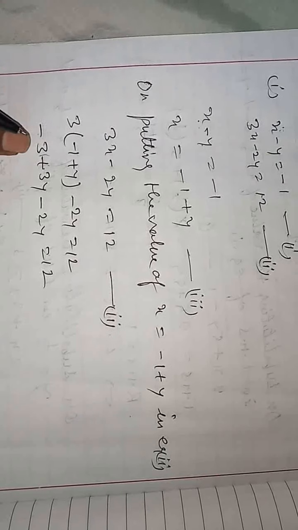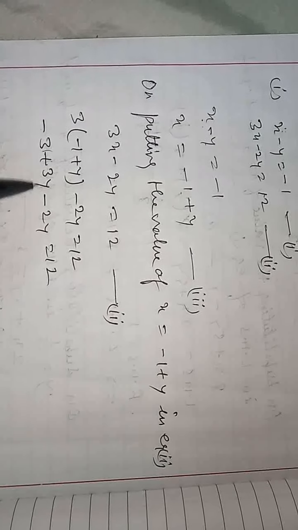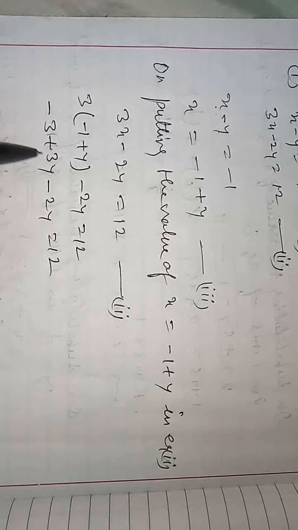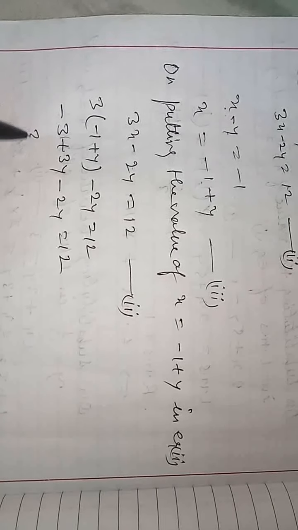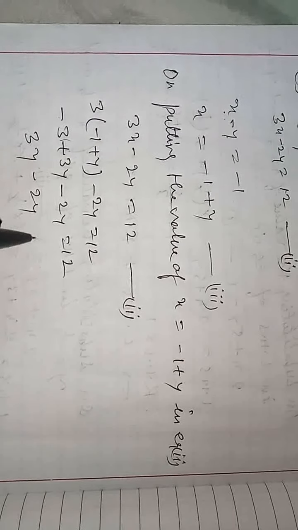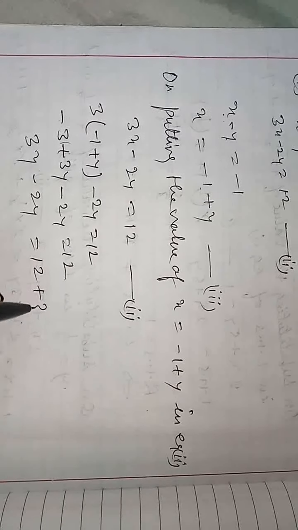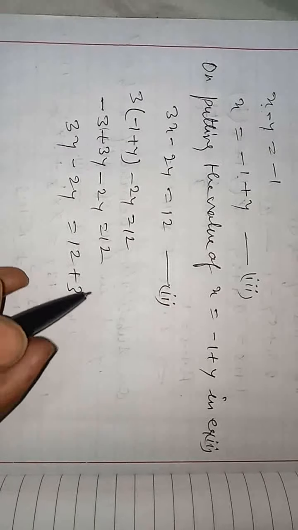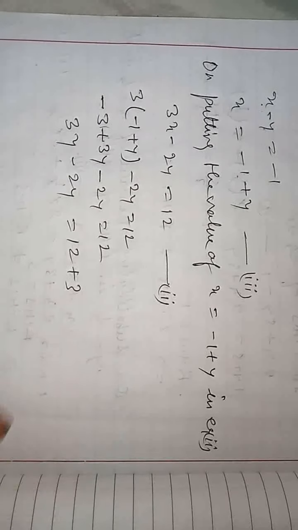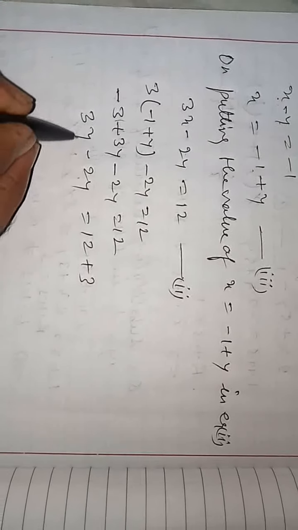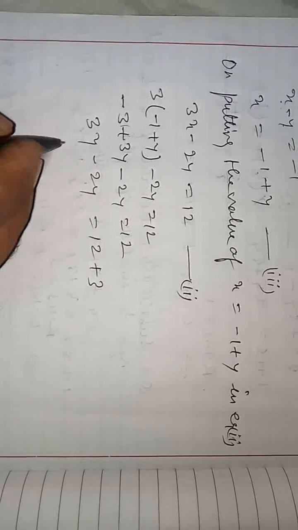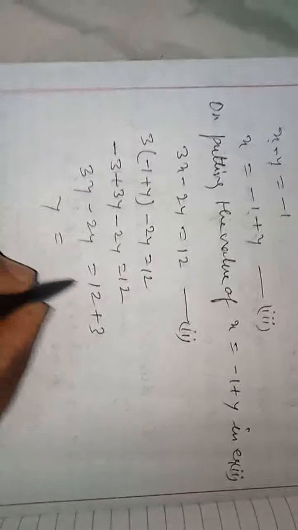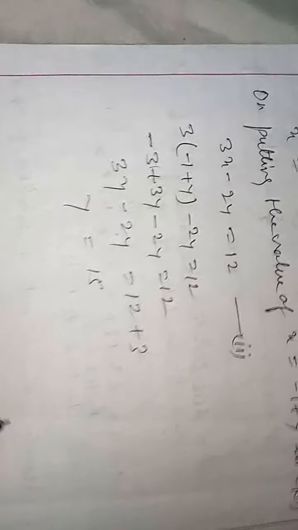Transposing minus 3 to RHS and subtracting 2y from 3y, we get 3y minus 2y is equal to 12 plus 3. Since here it is a negative, then it becomes positive when I transpose it to RHS. So subtracting 2y from 3y, we get y, and 15. So value of y is equal to 15.